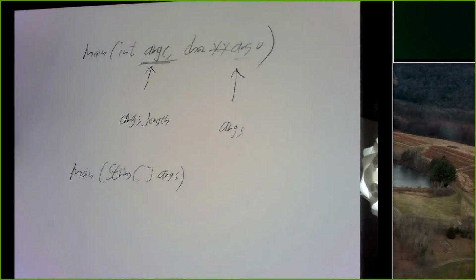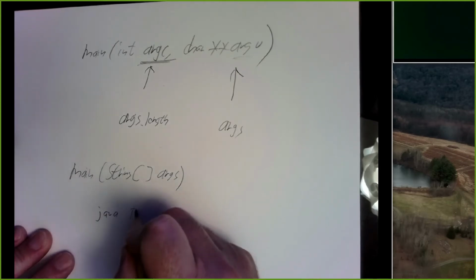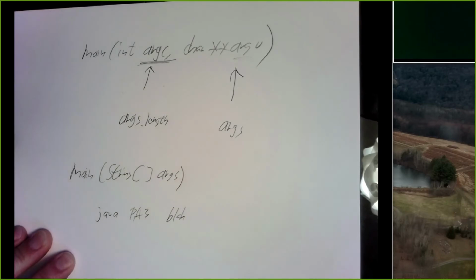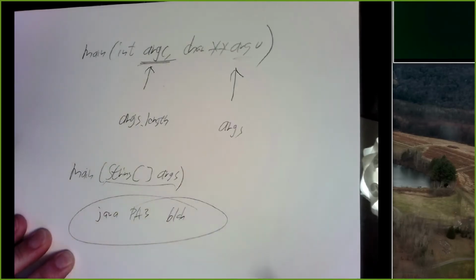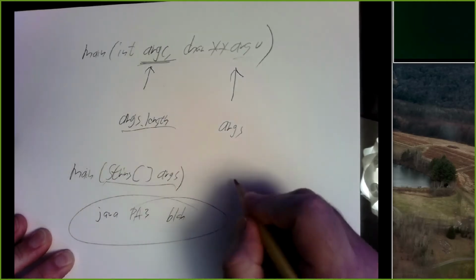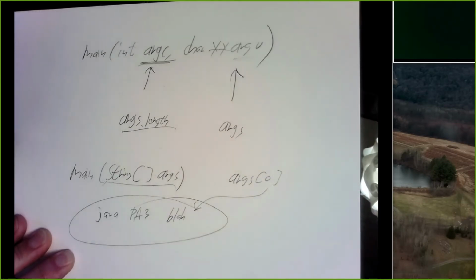What sorts of things would we do for arguments in the event that we have to do that in Java? So in Java, if I say like java PA3 blah, right? Then inside my main method, if I said String bracket bracket args, args will be an array of strings, args.length will be 1, args bracket 0 will be the string blah.